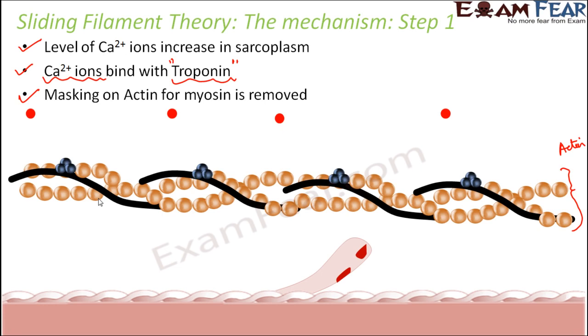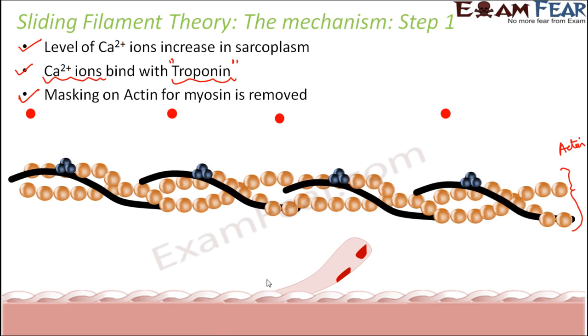Now when the level of calcium ions increases in the sarcoplasm, where are these actin and myosin present? They are also present in the sarcoplasm, because inside the muscle fiber you have the myofibrils present in the sarcoplasm, and myofibrils are nothing but actin and myosin.